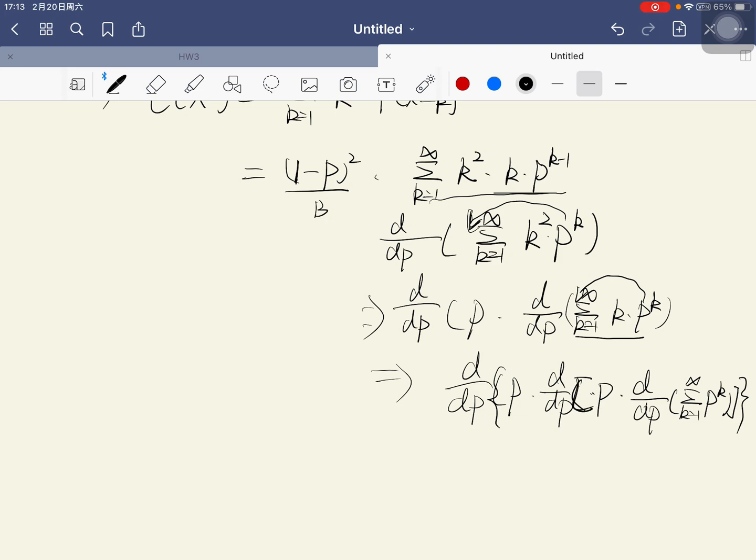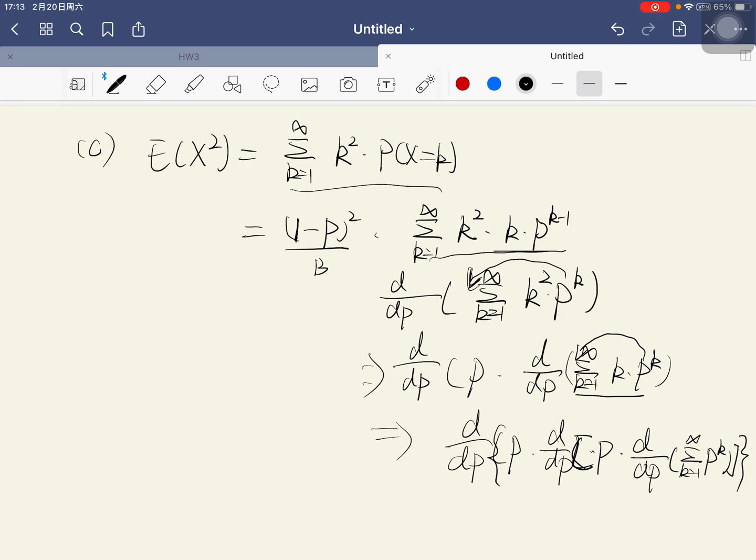And we could transform this function to this function.